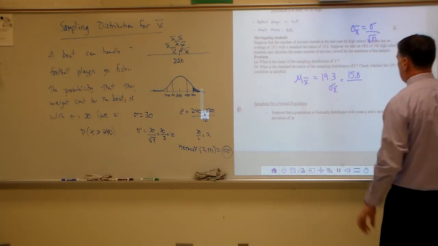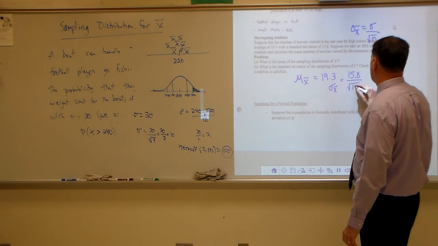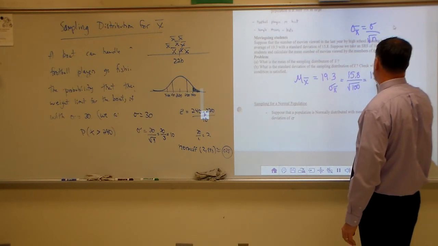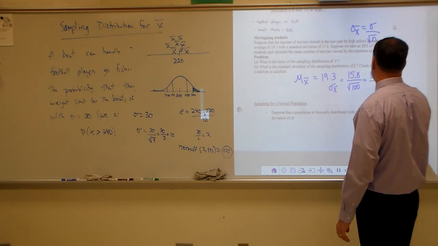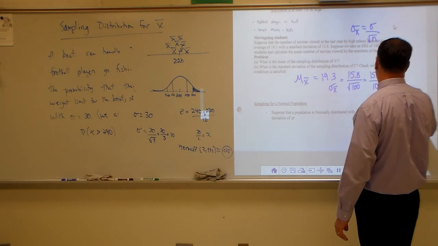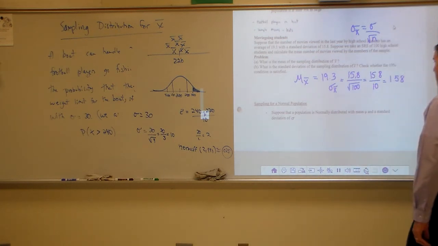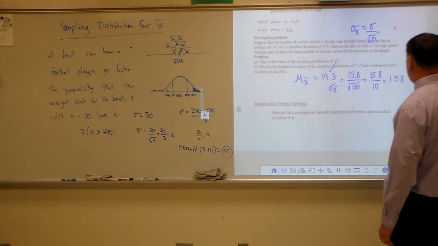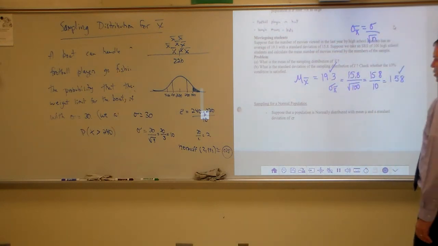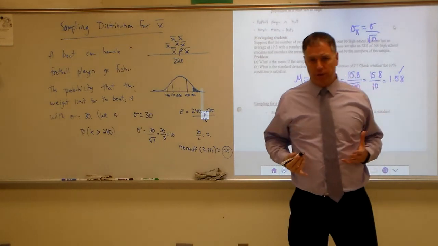The sample size is 100. The square root of 100 is 10. 15.8 divided by 10 is 1.58. So there's my mean, and there's my standard deviation of the sampling distribution.